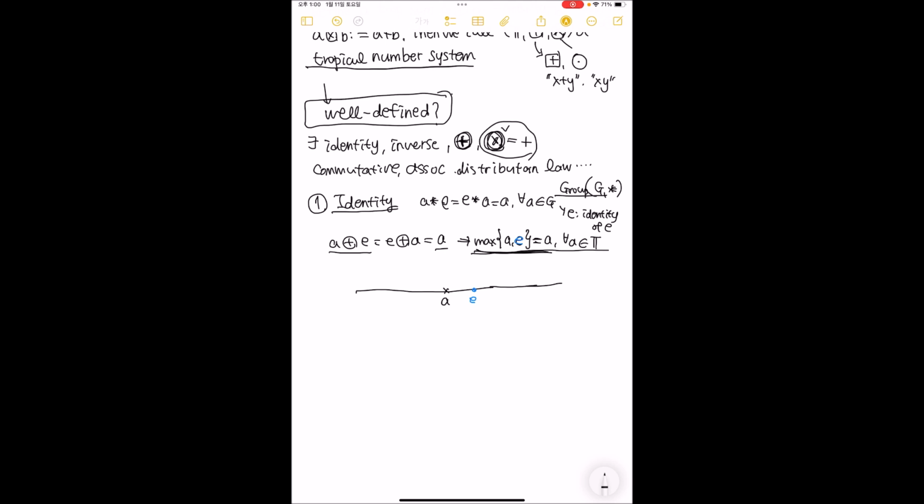So E should move to the left. Then okay. But A also can move here.